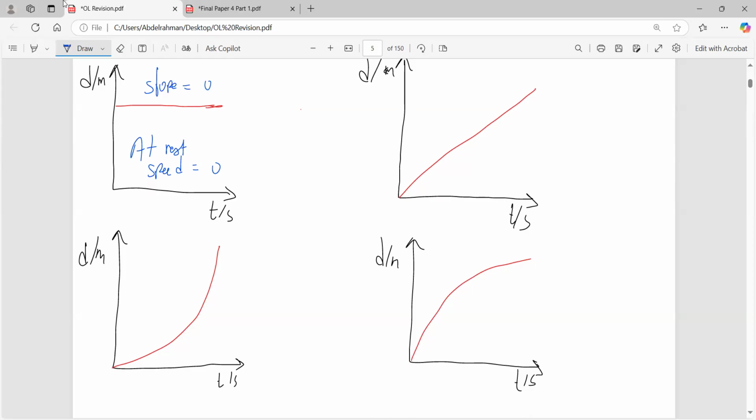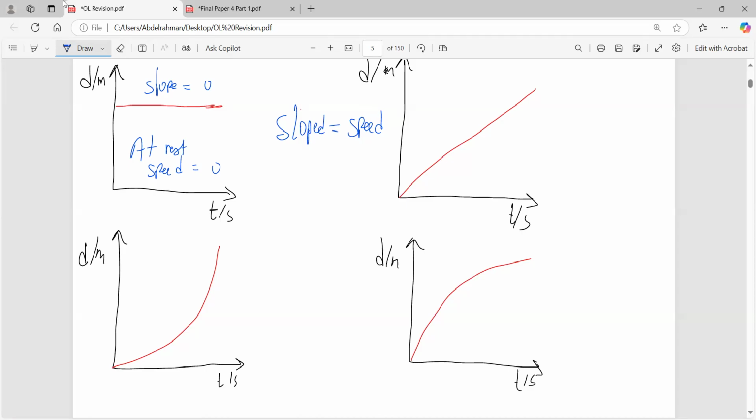So the slope in a distance time graph represents the speed. In a distance time graph, the slope represents what, guys? The speed.